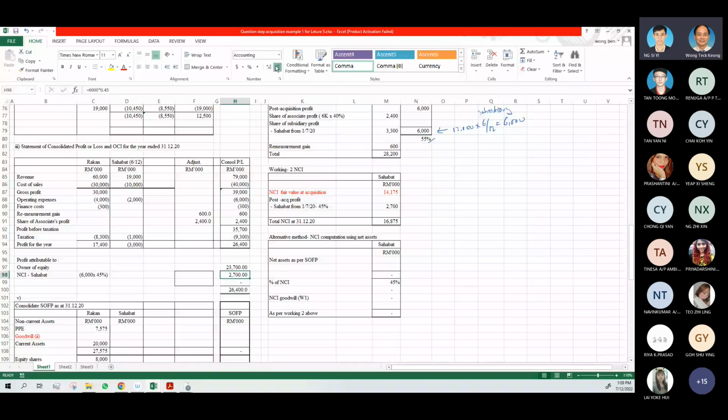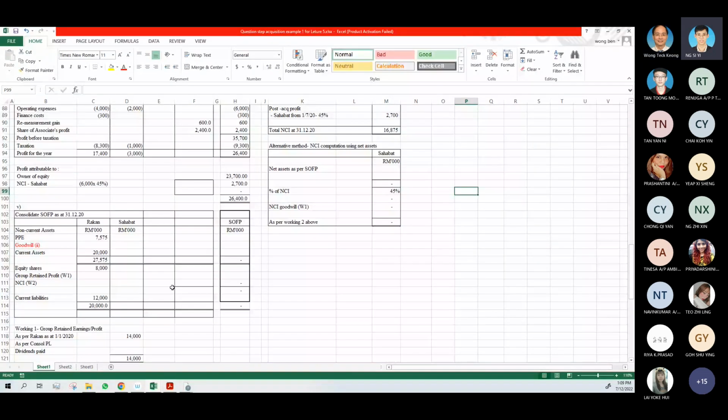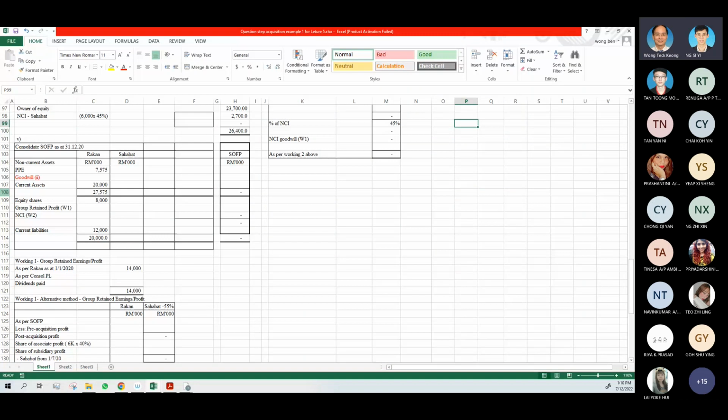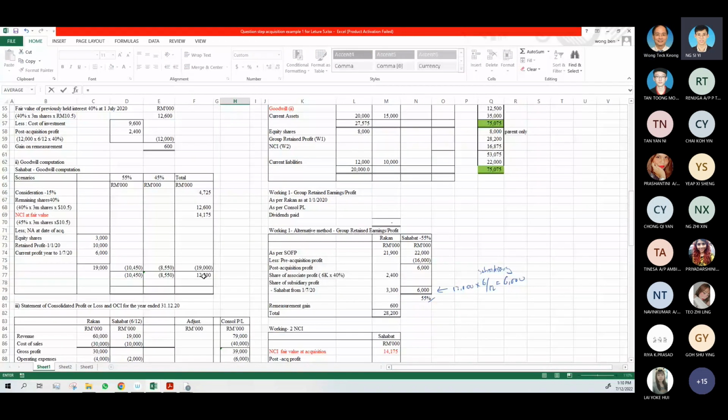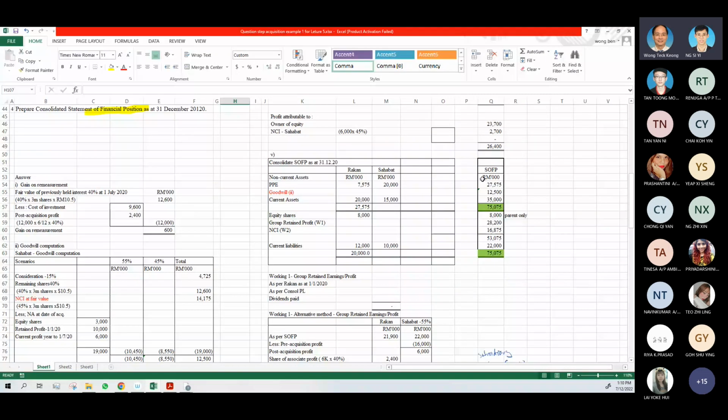So SFP, you can do it yourself. Okay, you copy it. Goodwill, you already have it, you have computed. Here, 12,000. Goodwill is given here already. Okay, P&L 26,400.